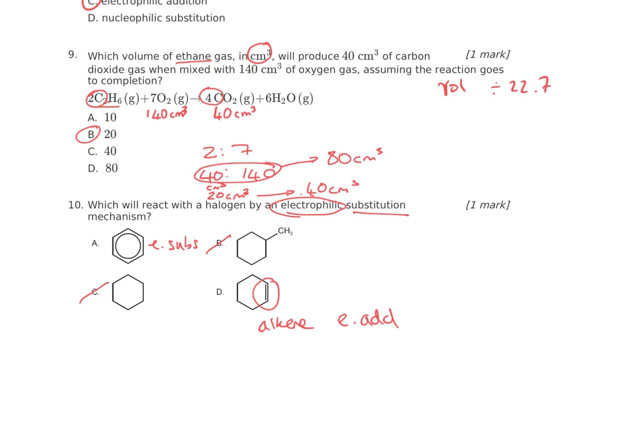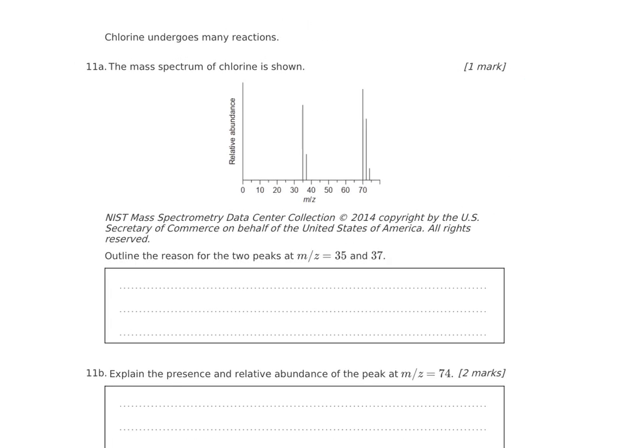Okay. So by that very nature, it'd be A, but also we've just answered a question previously on electrophilic addition of an alkene with a halogen. An alkane with a halogen with UV light would be free radical substitution, but we don't have electrophilic substitution with it.